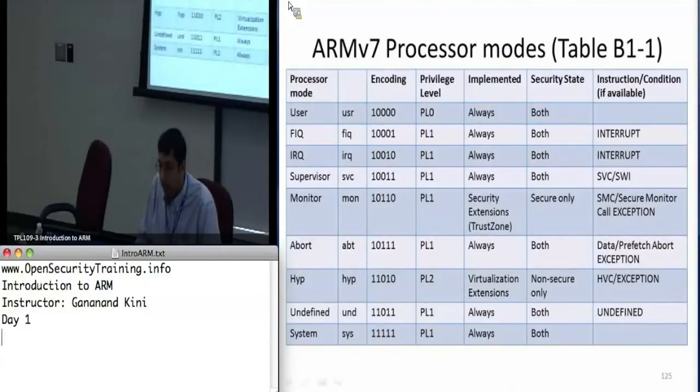So the FIQ, IRQ are most primarily hardware-driven interrupts. So you can physically interrupt the processor while it's doing some work. The supervisor mode, which we've seen, is enabled by using the SVC or the SWI instruction, which is software interrupt or supervisor call.